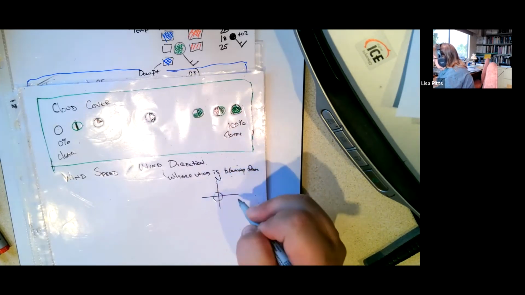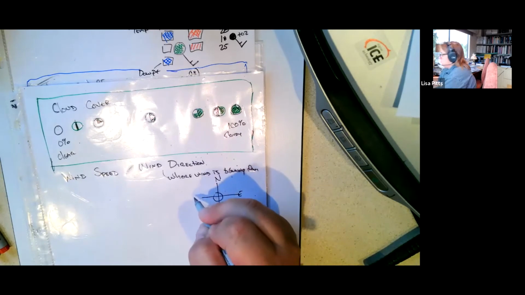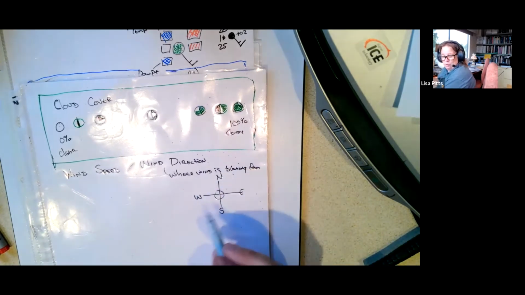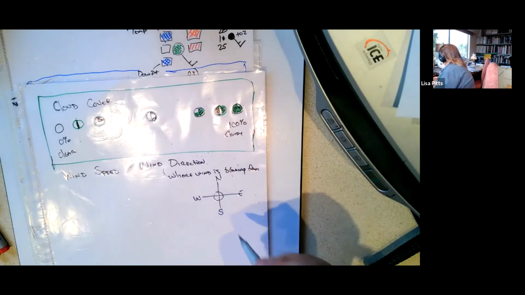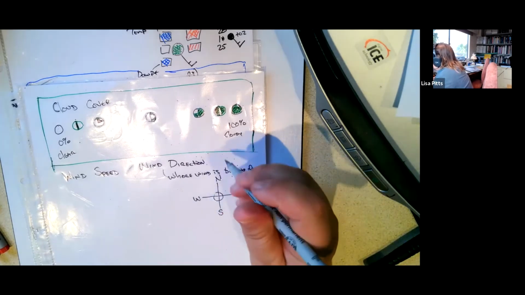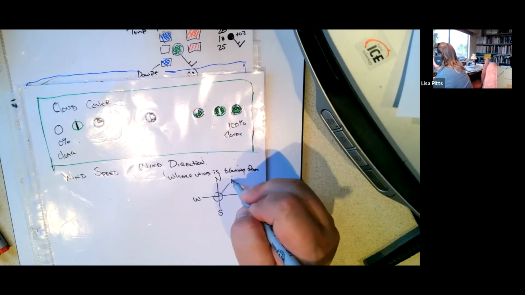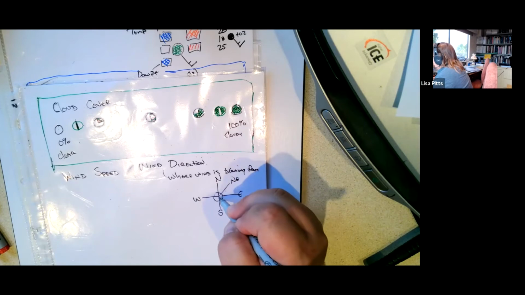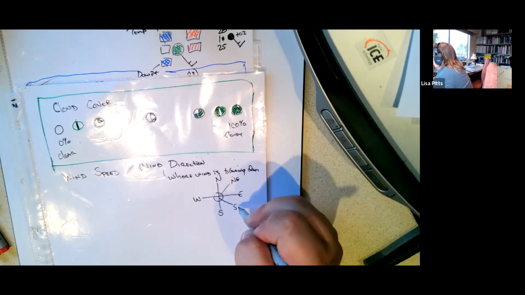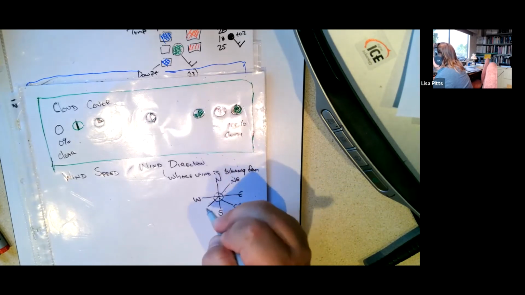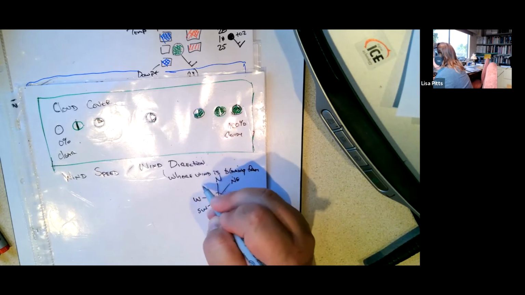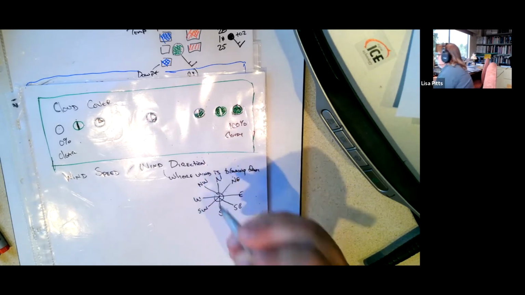never eat shredded wheat. I have a gluten allergy, so that's what I grew up knowing. And then we have these in-between ones. So we have northeast, and then southeast, and then southwest, and then northwest. And then we can get really fancy.